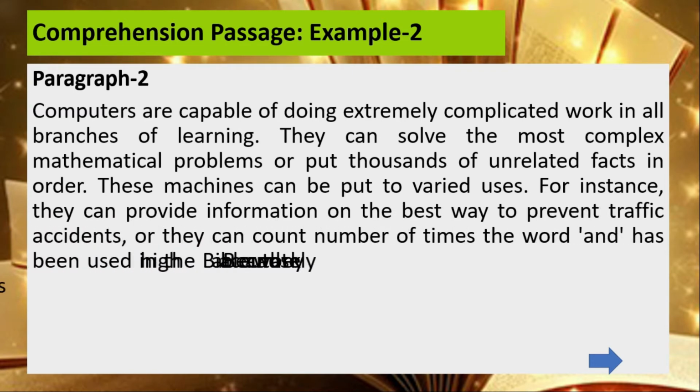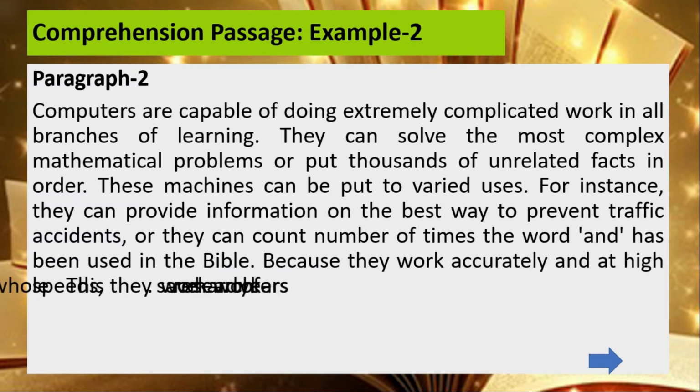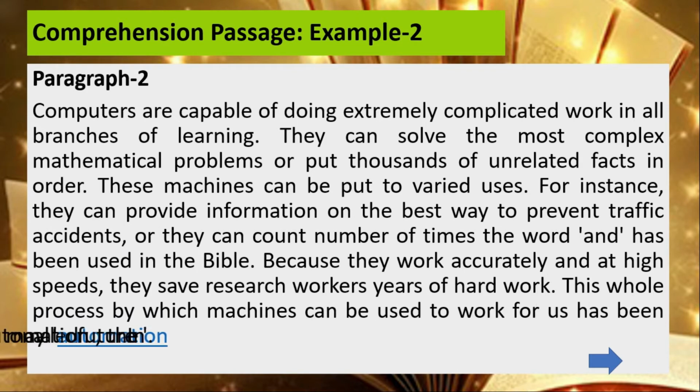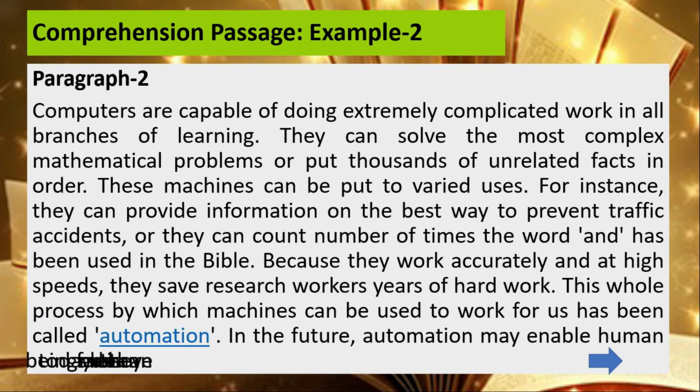See, the passage is trying to say what the unique features of computers are, how they are helpful, even how they can count things any number of times, and you can also see them used for accurate and speedy calculation or work, and the whole process where we use these computer machines for our work is called automation. A new term is introduced, that is important.